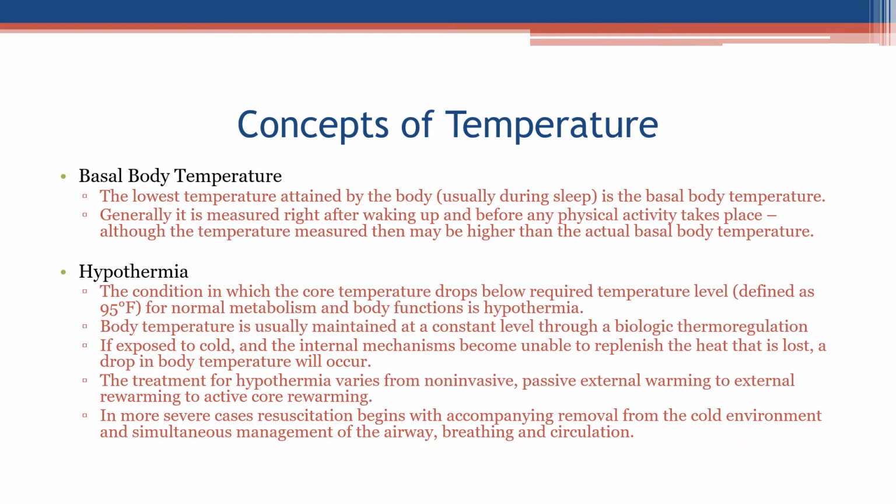Basal body temperature. The lowest temperature attained by the body, usually during sleep, is the basal body temperature. Generally, it is measured right after waking up and before any physical activity takes place, although the temperature measured then may be higher than the actual basal body temperature.